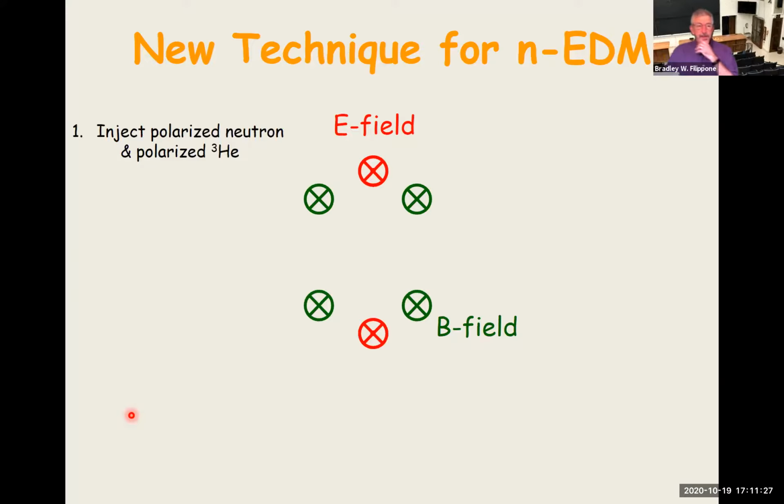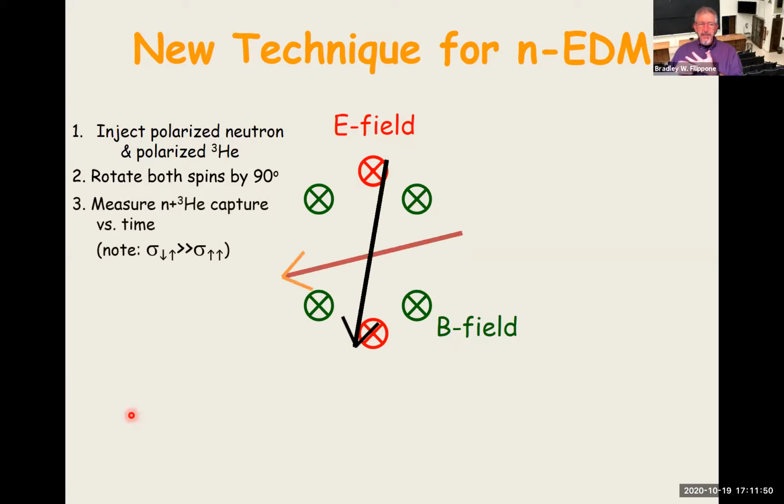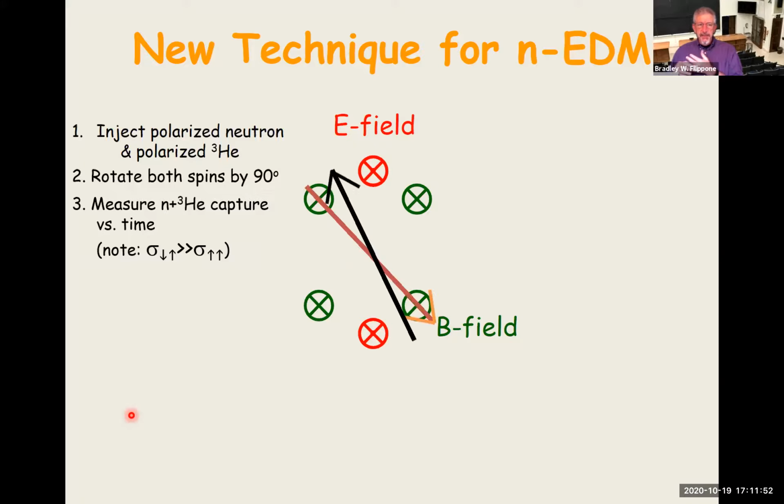And so just to let you see what's the trick, how do we measure the frequency in our case? We inject both polarized neutrons and polarized helium-3. Remember, I've got superfluid helium-4, and I can put polarized helium-3 in there. I can rotate both their spins. The helium-3 has a slightly larger magnetic moment, so it rotates a little bit faster. As it rotates, sometimes the spins are anti-parallel and sometimes they're parallel.